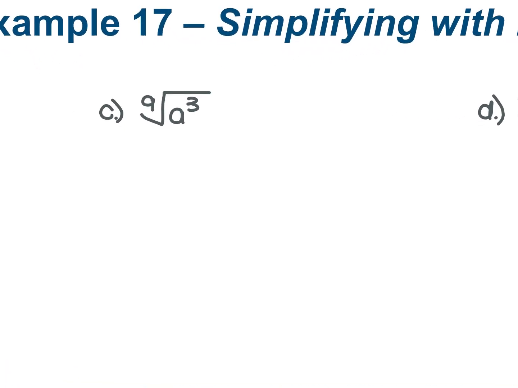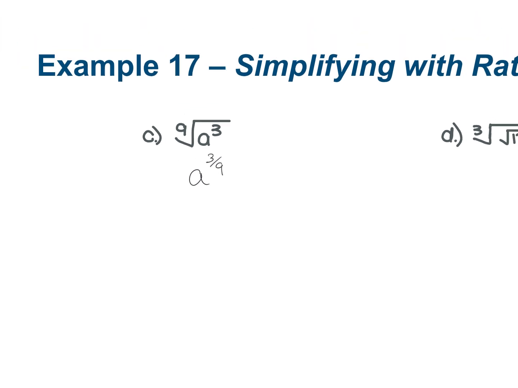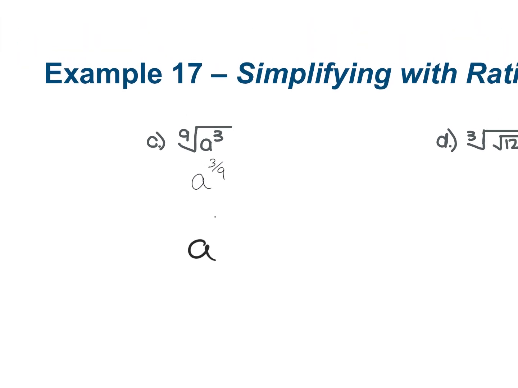So for C, they want you to simplify the rational exponent. We have the 9th root of a cubed. So what I'm going to do is write it as a to the 3 over 9, and that's going to simplify into a to the 1 over 3.